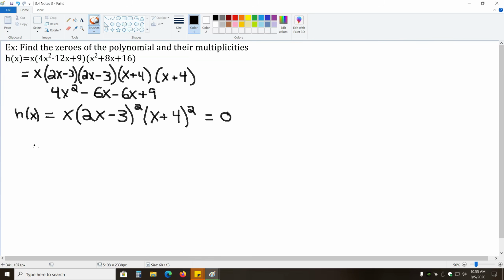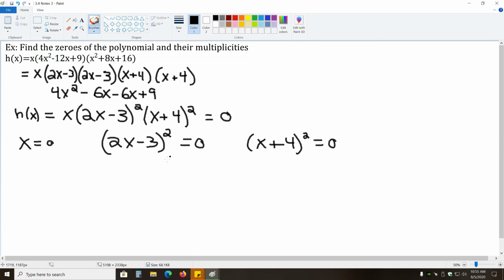So, starting with the first one, we get x equals 0. The second one, we get 2x minus 3 squared equals 0. And the third one, we have x plus 4 quantity squared equals 0.